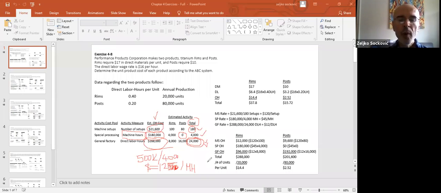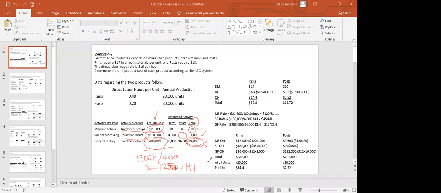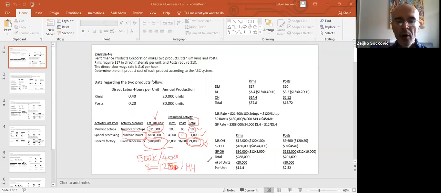What do you need to do to apply overhead? You need to multiply your POHR of 125 by what? By actual hours. And what are the actual hours here? 4,000, right? We assume that the estimated equals actual. So 4,000 hours, but who is using all 4,000 hours?